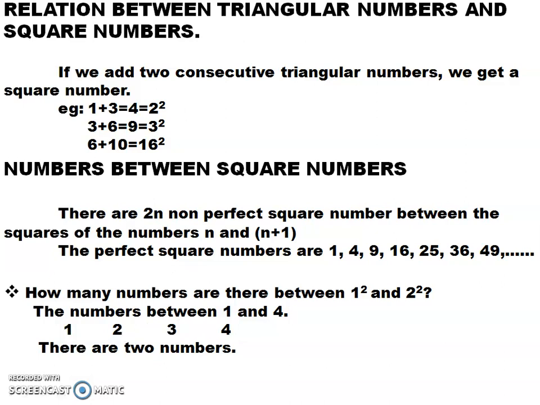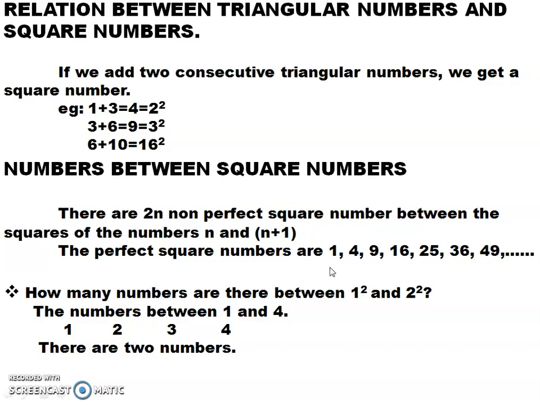So they are known as non-perfect square numbers. Now, which is the smallest number here? 1 or 2? 1 is the smallest number. So taking this as n, I can calculate the number of non-perfect square numbers as 2 into n.